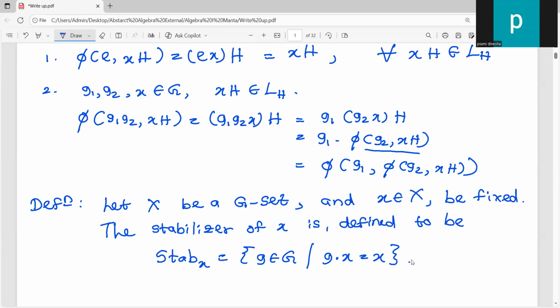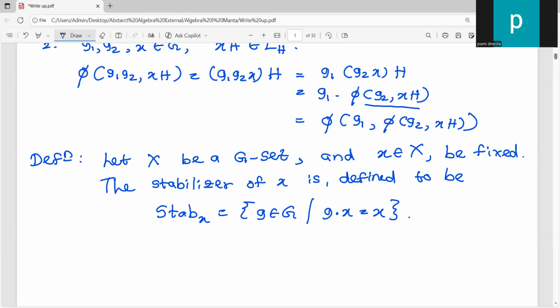In other words, every element in G that fixes x through this group action. Once you take the element g in G, and for this particular x, through this group action, because X is a G set, the element will be fixed. If that is the case, this g will belong in this set, which we call the stabilizer of x.